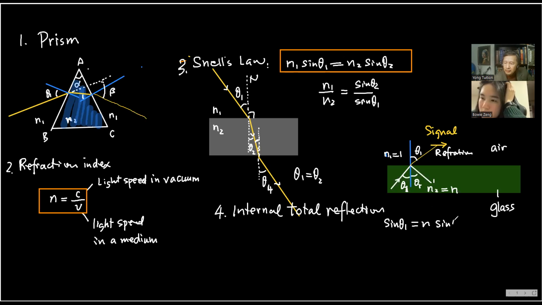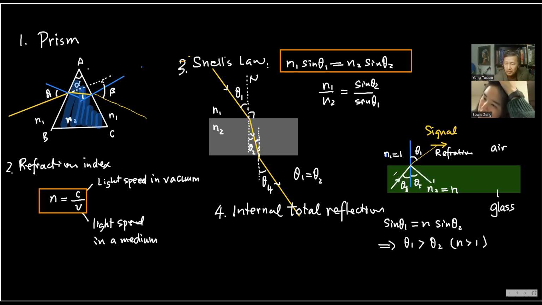Can you see that? So in this case, we can argue that theta 1 is larger than theta 2 because n is larger than 1. Do you agree?